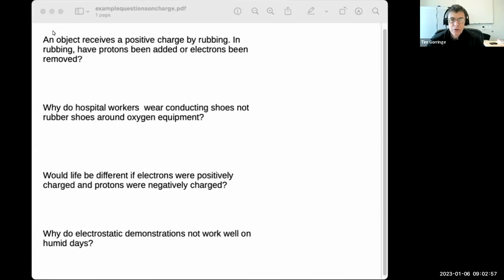Wanted to work through a few examples of concept questions. These concept questions are covering electricity. They cover electrical charge. They cover electrical conduction. They can cover electrical insulators.